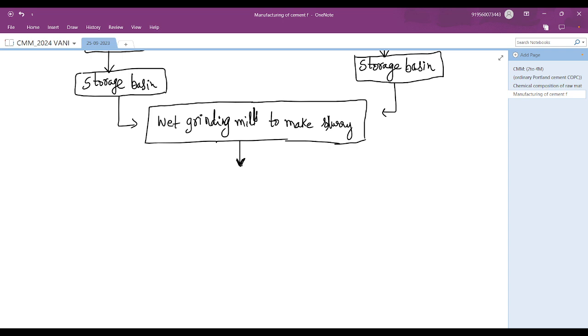Accordingly, here in this step, blending of slurry to the correct composition is done.